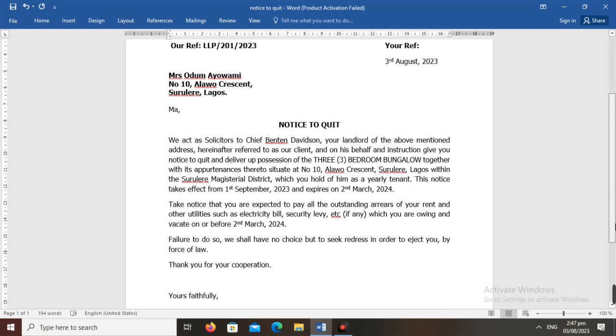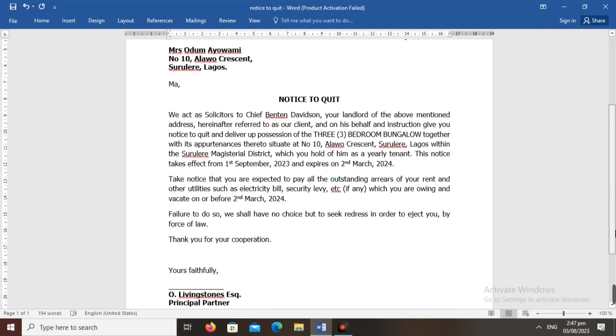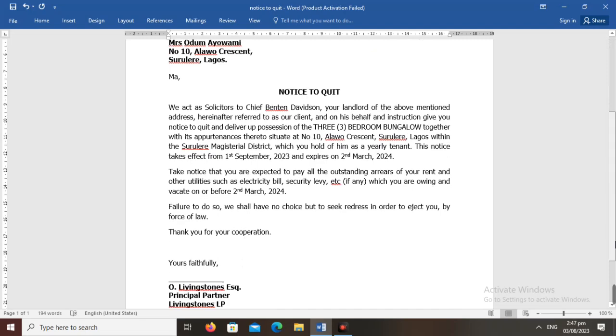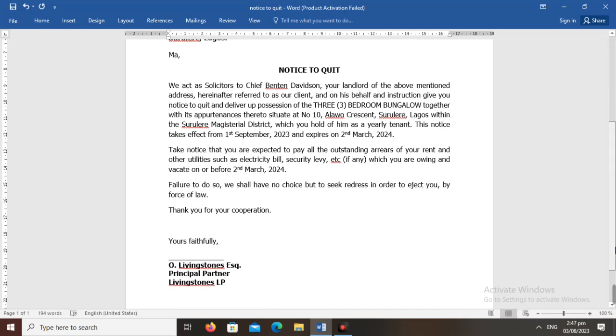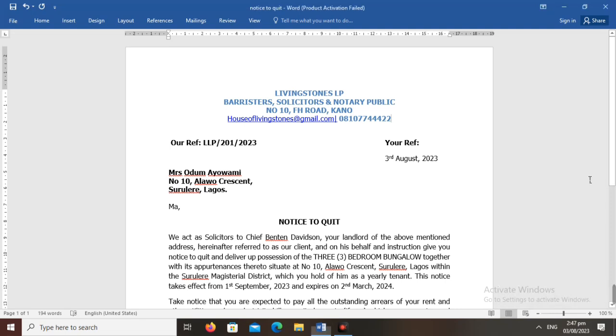Now, in the first paragraph of a notice to quit, whoever is writing the letter must introduce themselves and connect themselves sufficiently to the property in question. It's the lawyer.